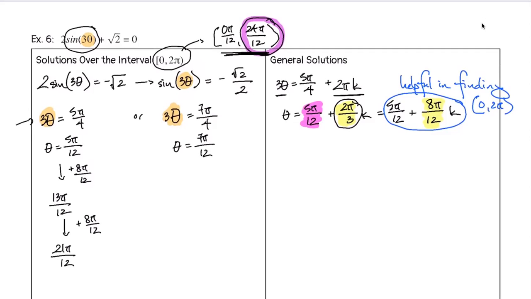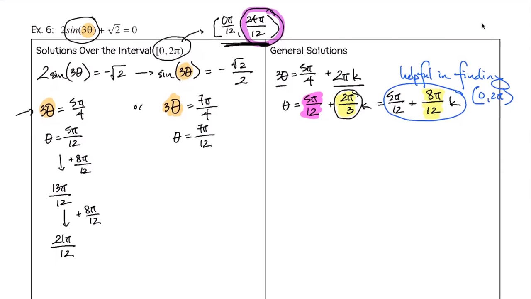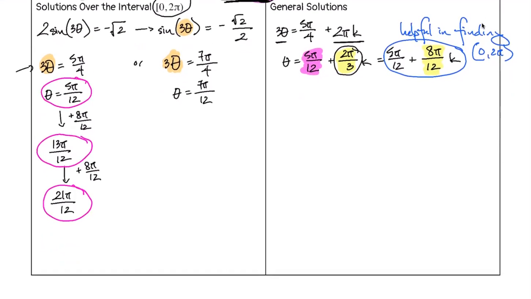So when I think about the solutions I have so far, I've got 5 pi over 12, 13 pi over 12, and 21 pi over 12. Because check this out, if I add 8 pi over 12 one more time, I get a number that is more than 24 pi over 12.